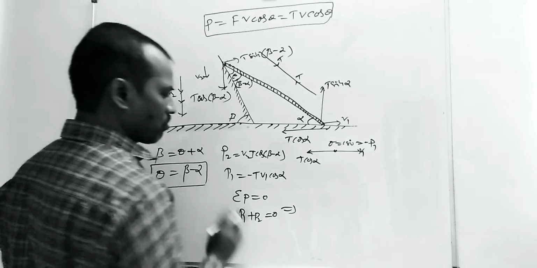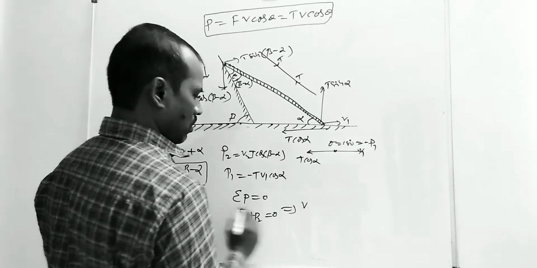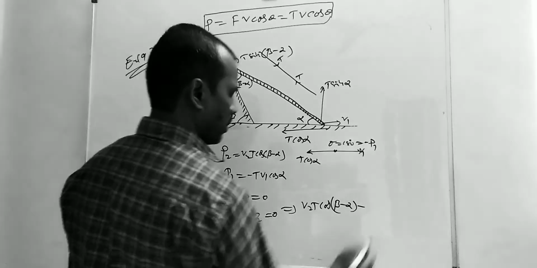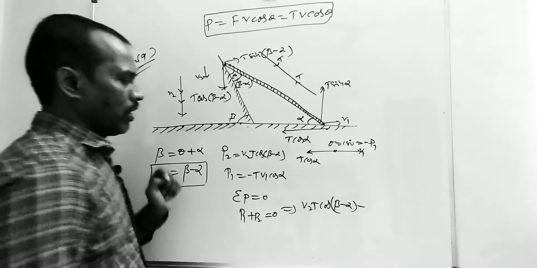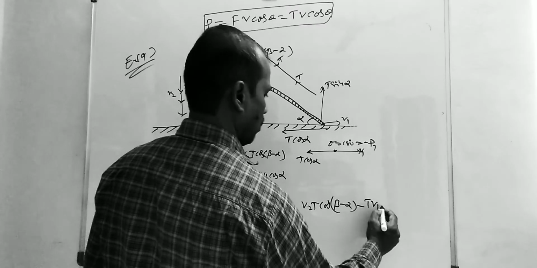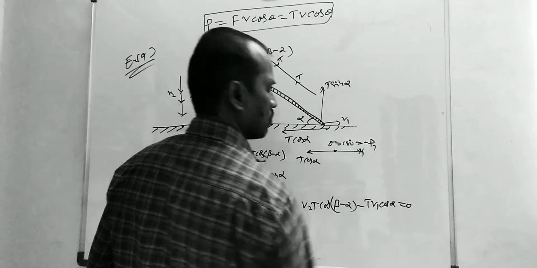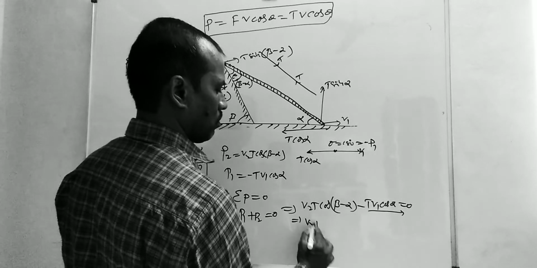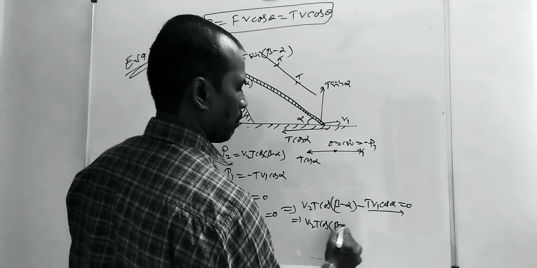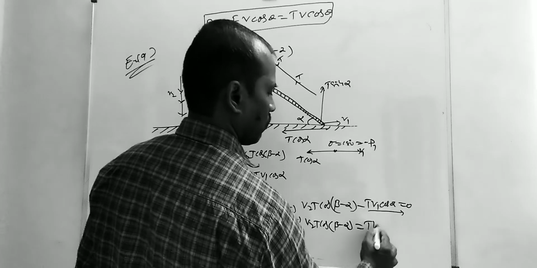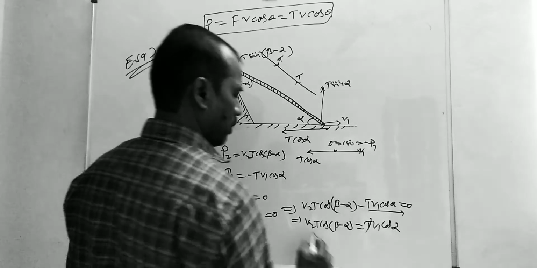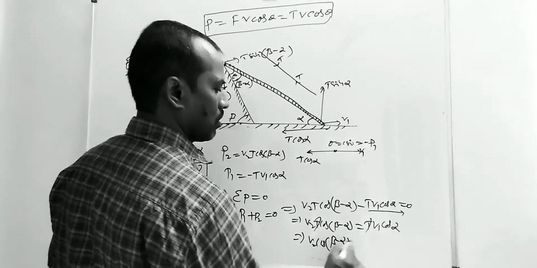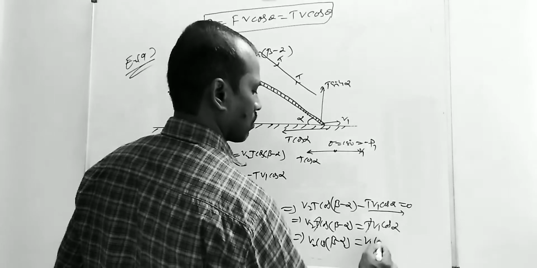Substituting: V2 T cos(beta minus alpha) minus T V1 cos alpha is equal to 0. Taking to the right side, V2 cos(beta minus alpha) is equal to V1 cos alpha, since the T's cancel.